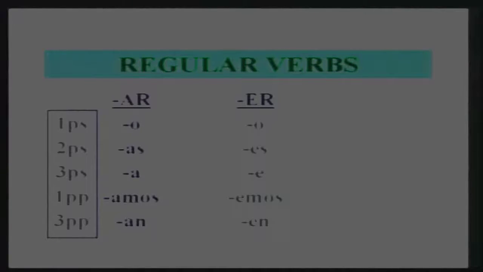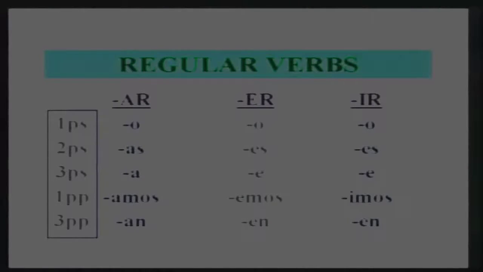Remember, for ER, you would add O, ES, E, EMOS, and EN. And for the IR verb, you add the O, the ES, the E, the IMOS, and the EN. Regular endings for regular verbs.